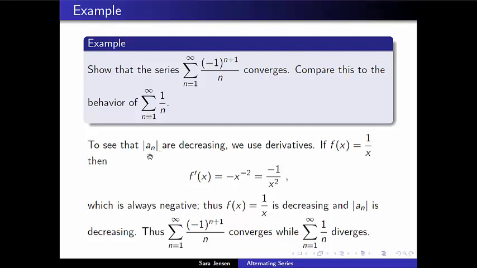With our previous example, we showed quite directly that the n plus first term was smaller in absolute value than the nth term, and we did that by plugging in values for n plus 1 and n. That was necessary in the previous example because we were dealing with factorials, and factorials are not a thing that we have a continuous analog of.